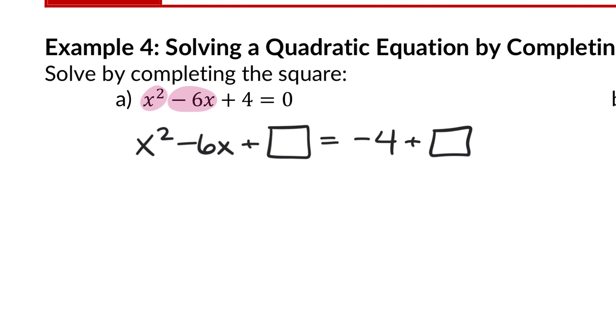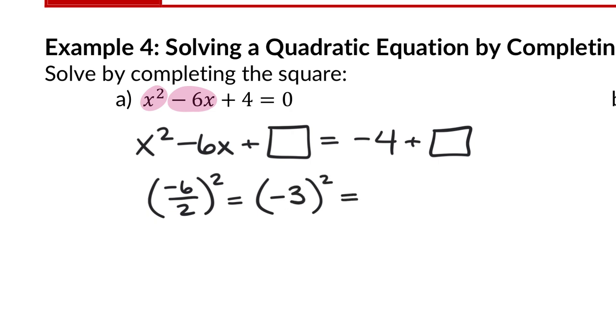What goes in the box is b divided by 2 squared. What's the b term here? -6. So if I take the b term and I do -6 divided by 2 squared, what's -6 divided by 2? -3. And then -3 squared is 9.